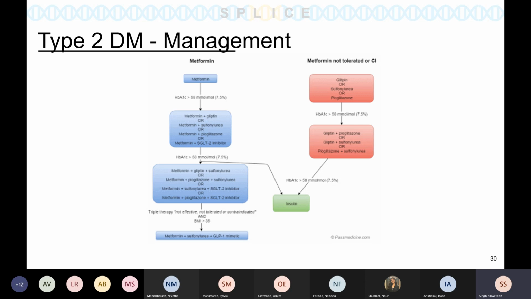And if it keeps on being more than 58, you add another drug. Basically 58 is the magic number. And if that doesn't work, you can add another drug, or you can go straight onto insulin. But just know the overarching rules, which is over 48, you start metformin. If it's over 58, you continue to add on drugs, basically, is what I would personally take from this flow diagram. Okay, next slide.